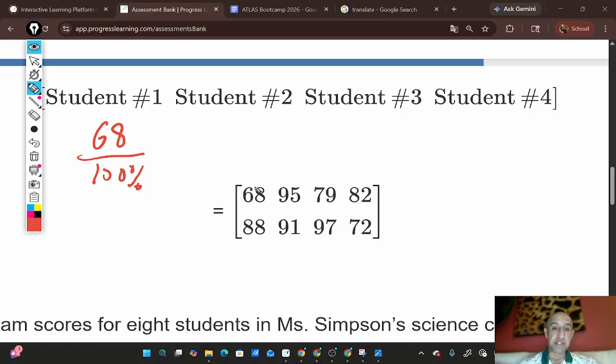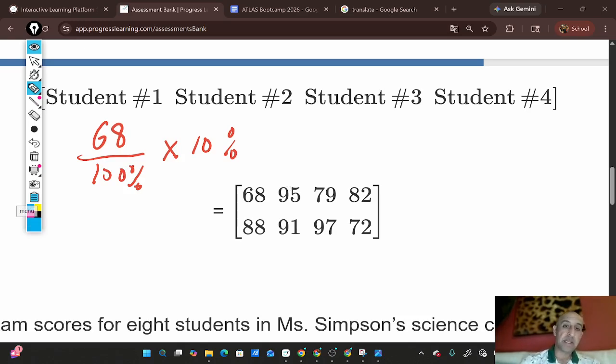I'm talking about the 68 like this. Now the teacher wants to raise the students' grades by 10%. So we can use it like this: 68 divided by 100% times 10%.